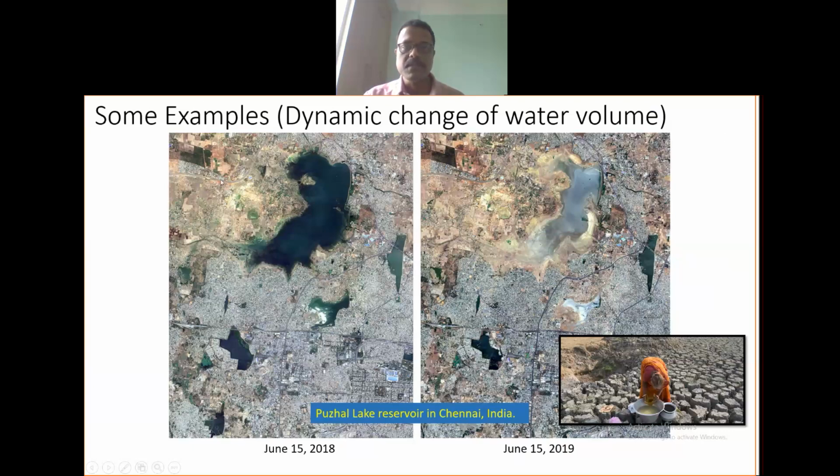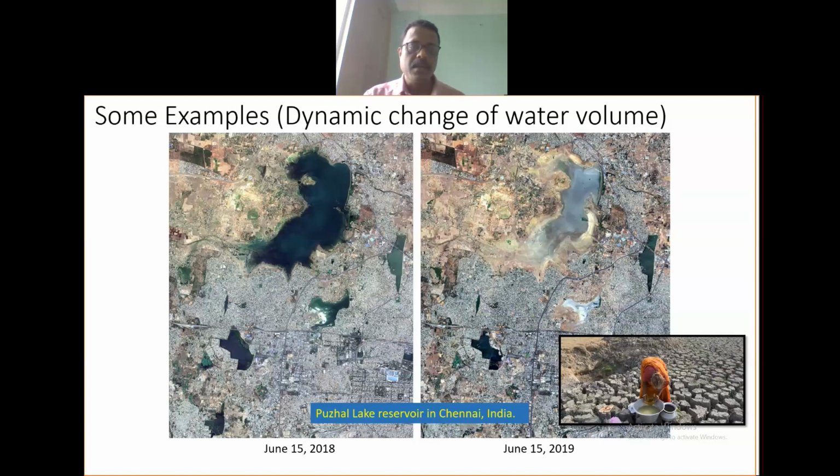Okay, so another example is this one. This is from the South Indian city of Chennai. Chennai is a typical example of a crisis that is waiting to happen in probably many other cities. It did happen in 2019, just last year, in June.